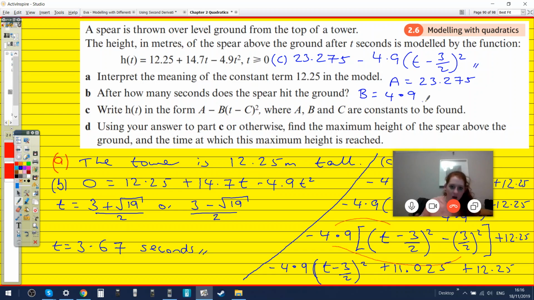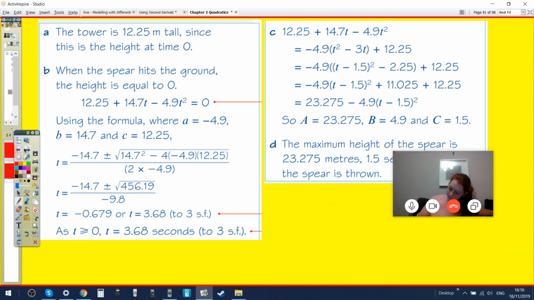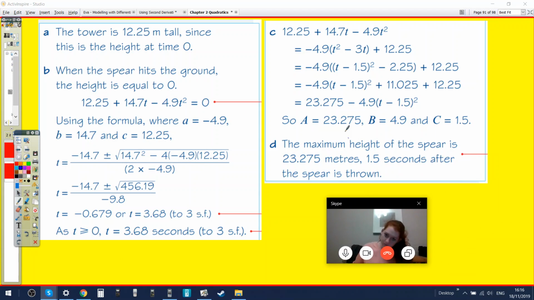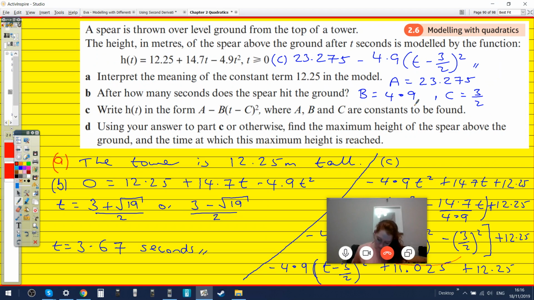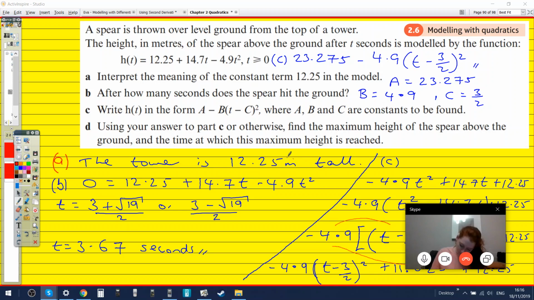Okay. And the C is 3/2. That's it. And let's just check to make sure. A is 23.275, B is 4.9, and C is 1.5. Yeah, 3/2. Great. And they put them as positive as well. Okay, part D.